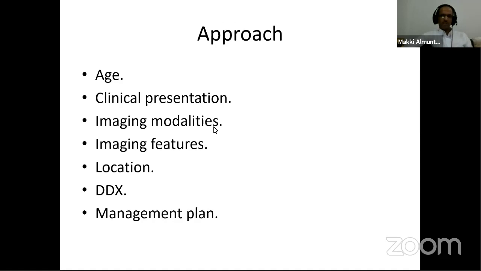And if I see any lesion, then we move to MRI with certain sequences in the tumor protocols. And if we see any pathology that needs further characterization, then we move on to advanced imaging. And based on the location of the pathology and imaging features, we derive the appropriate differential diagnosis, and we help with management planning.